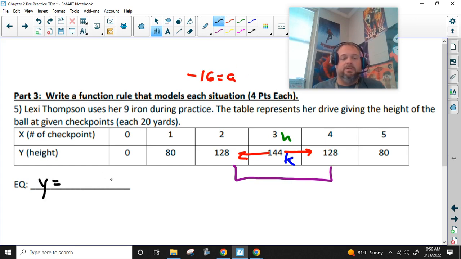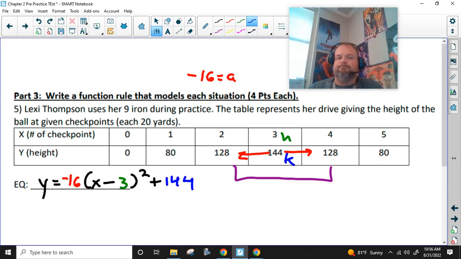So if I plug it in, and then 144. Okay. And some of y'all are like, Grant, yeah, there's multiple parts to some of these questions, but it does go quick.